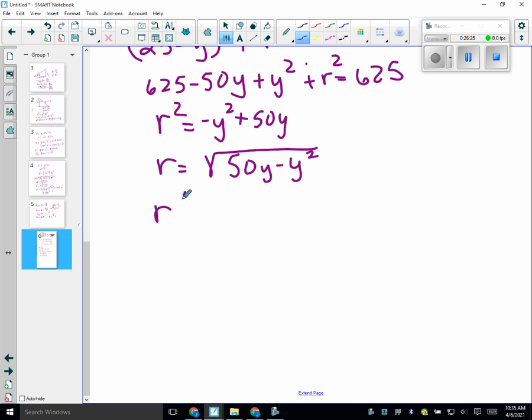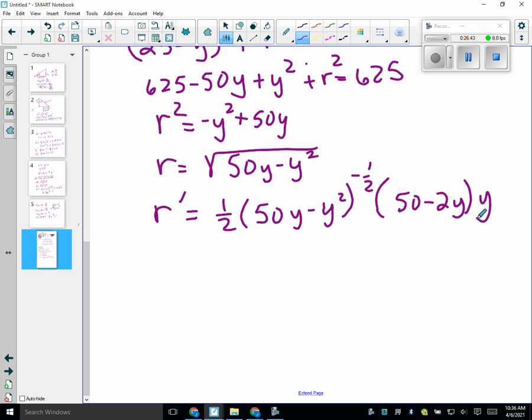No, you have to do r prime equals 1/2 times 50y minus y squared to the negative 1/2 times the derivative of this, which is 50 minus 2y, y prime. Well, I could have put it with each one of those. Okay, then it would be the same. And I'm going to let you find it.